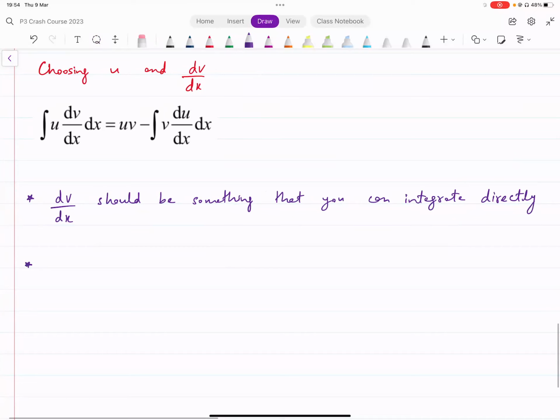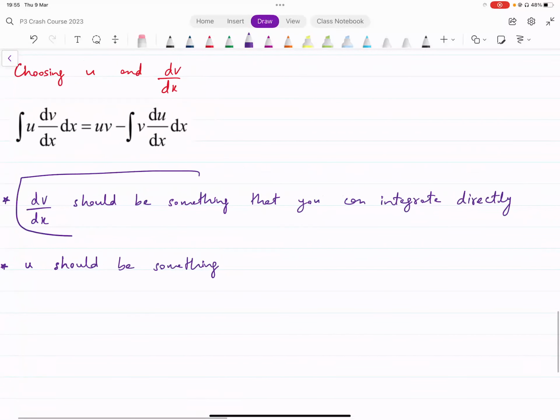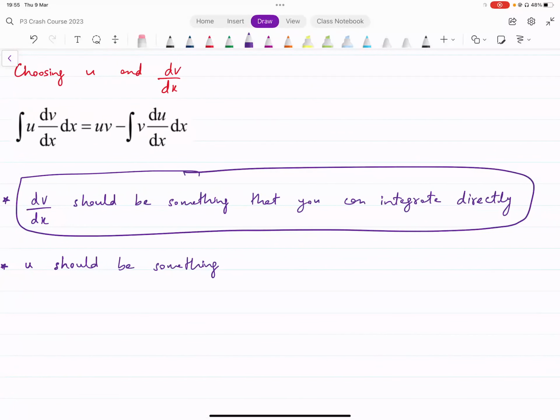And then u should be something. So if both expressions can be integrated, then you look at the second rule.